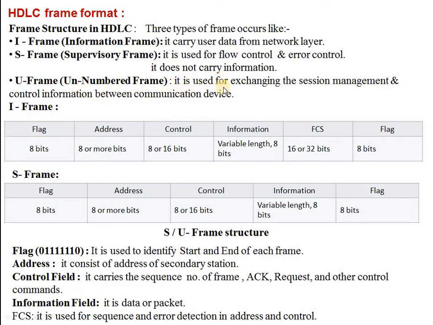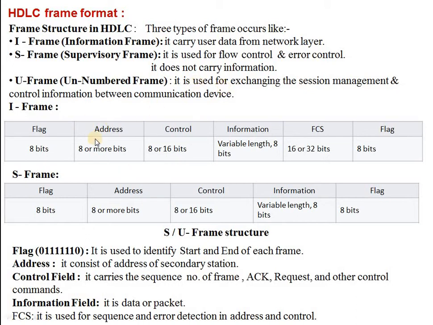It is used for exchanging session management and control information between the communication devices. Suppose communication is happening between two devices, so that control of the exchange of information and session management comes under the U frame.